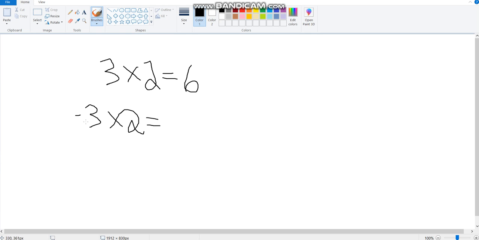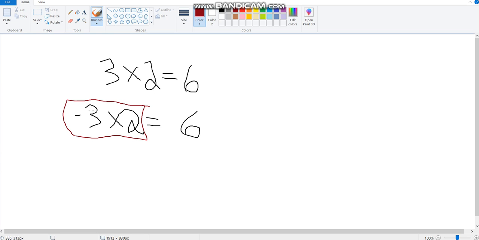If I put a negative in front of that 3, that means we'll have one negative in the whole equation, right? On this side of the equal sign, we only have one negative. So I don't want you to worry about the signs at all yet. I want you to only think about the number times the number. So only think about 3 times 2. We know that equals 6.